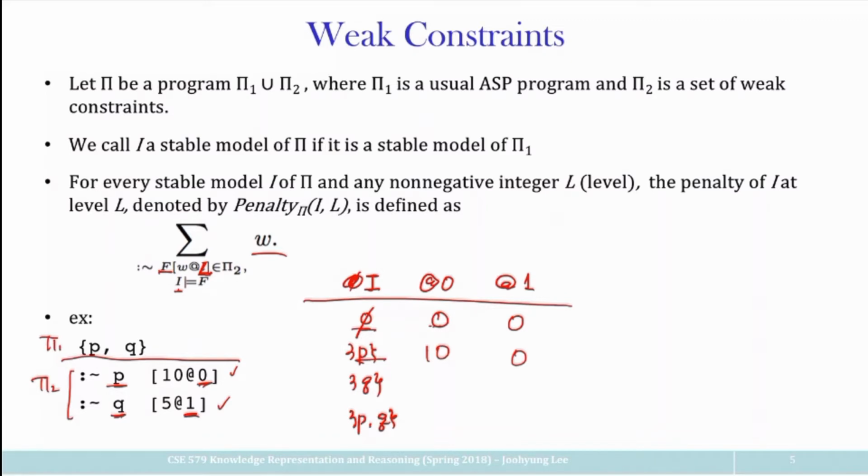What about the next one? 0. Now this one is 5. And this one? 10. 5. Okay, good. So these are the things. So we can compute the penalty at each level.